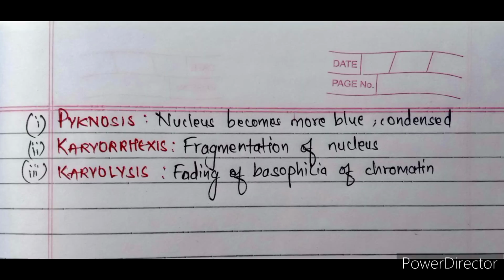So first let's talk about pyknosis. What is pyknosis? Here the nucleus becomes more blue, that is condensed or compact nucleus occurs here. In karyorrhexis, there is fragmentation of nucleus, that is nucleus breaks into small fragments. And finally, karyolysis is the fading of basophilia of chromatin.